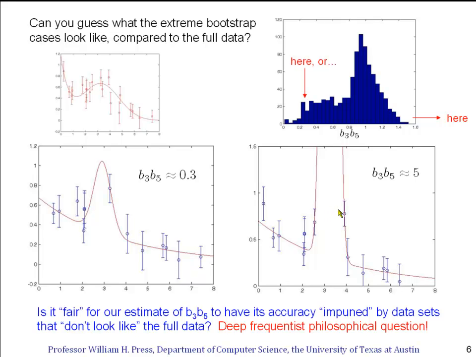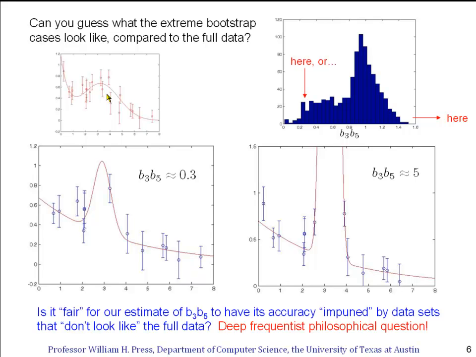And you can ask, is it fair to have our estimate of B3, B5 impugned by these data sets that just don't look like the real data set that we actually have in hand? And there's no simple answer to that question. That's a deep frequentist philosophical question.